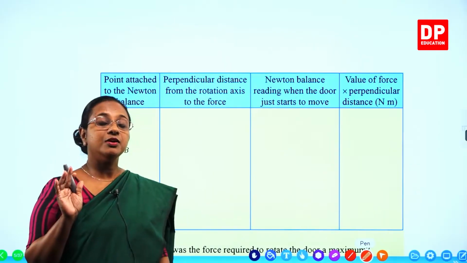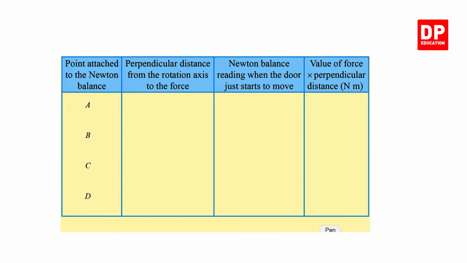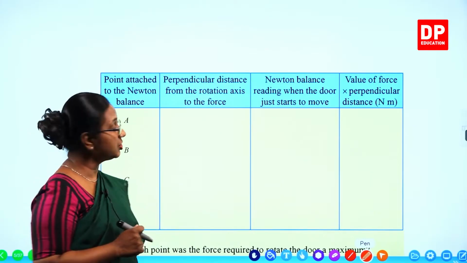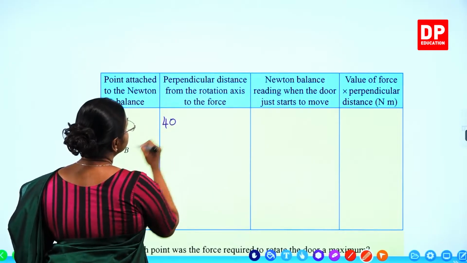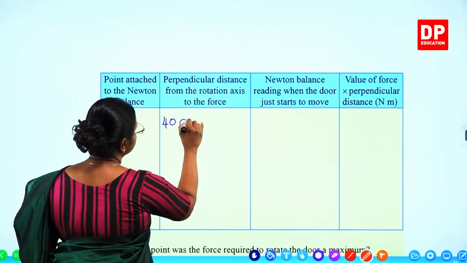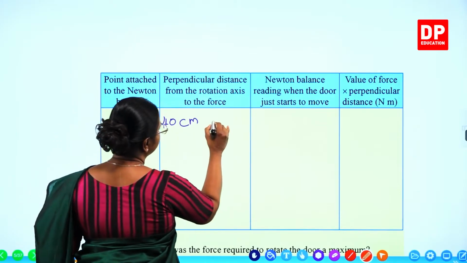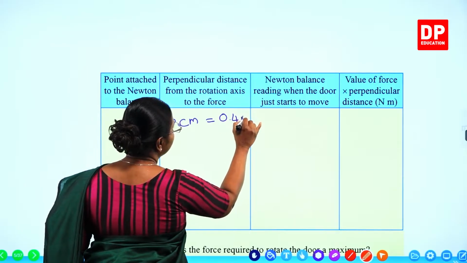Now, say we got values like this, for example. Here, when we have the Newton balance attached to point A, the perpendicular distance from the rotation axis to the force, let's say it is 40 centimeters. If it is 40 centimeters, you need to divide it by 100. That will be equal to 0.4 meters.